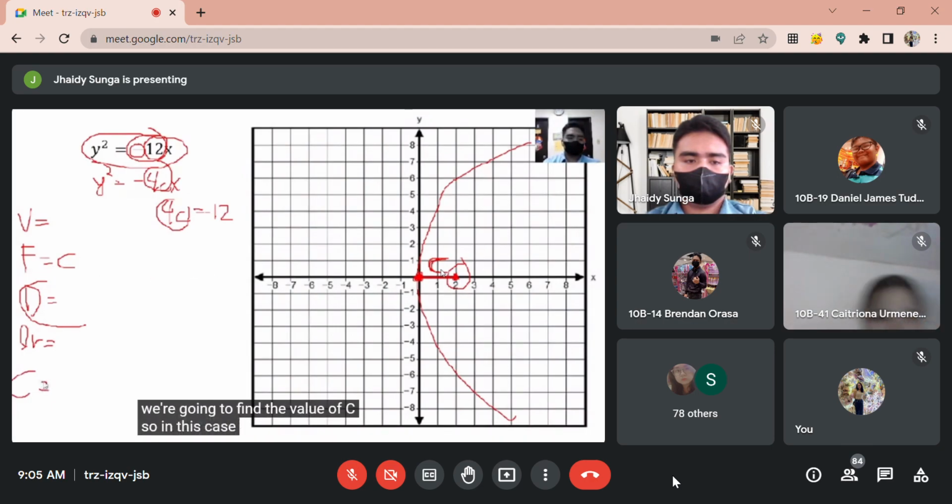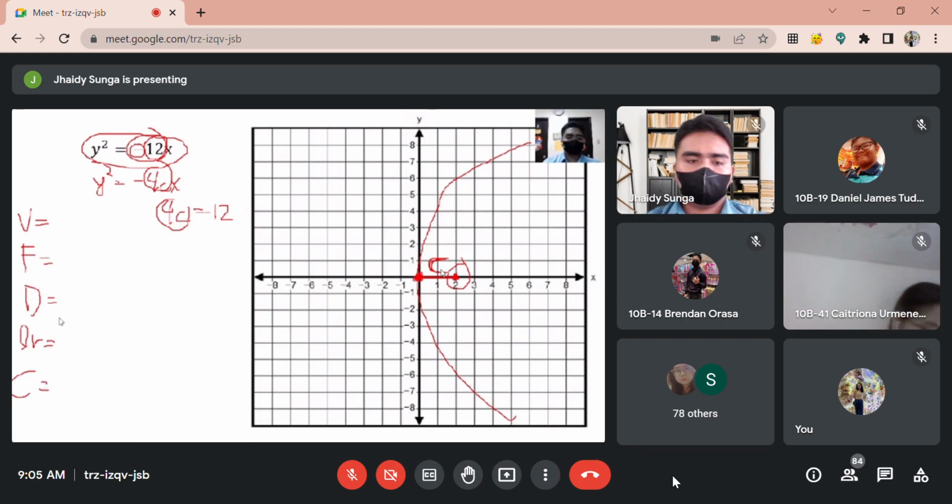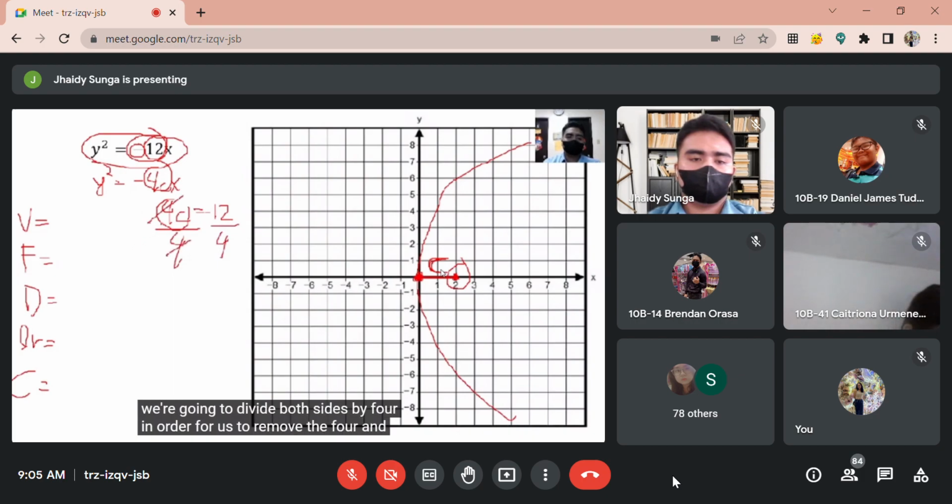So the first thing we do is find the value of c. Our 4c, of course, is equal to negative 12. The only thing that we are given is the value of 4c, so we're going to divide both sides by 4, and have the value of c equal to negative 12 over 4.